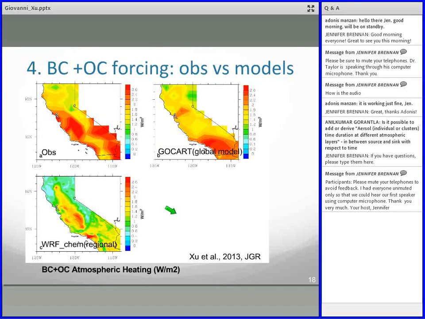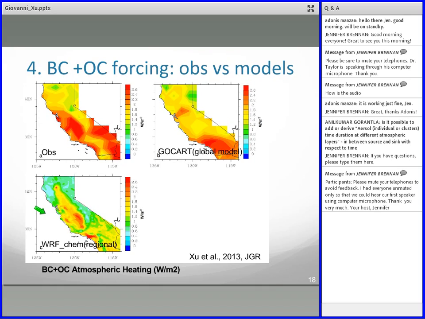So here is the final product of our study. With the chemically resolved optical property, we can estimate the radiative forcing due to carbonaceous aerosol over California. That's the combination of black carbon as well as organic carbon. And we can compare that observational forcing with model simulation, including a global chemistry model and a regional model simulation with a higher resolution.